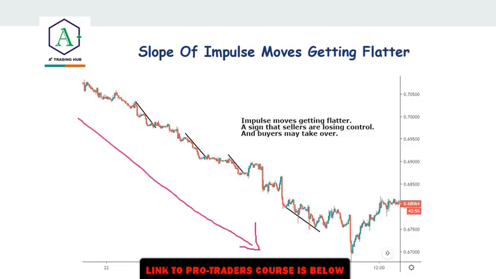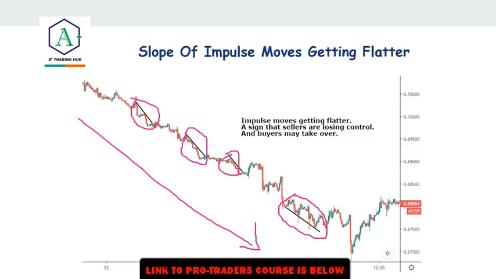If you notice, as price was moving down, the candlestick bodies were not straight again. They were moving sideways, they were flat like this. They are getting flatter. So when you start seeing a trend getting flatter like this, just know that that is a weak trend. Very soon we may see a reversal.